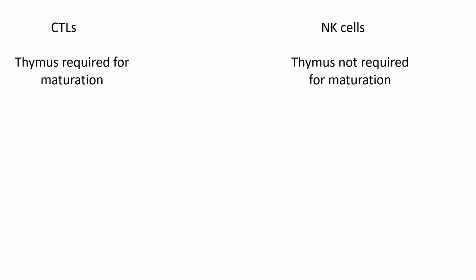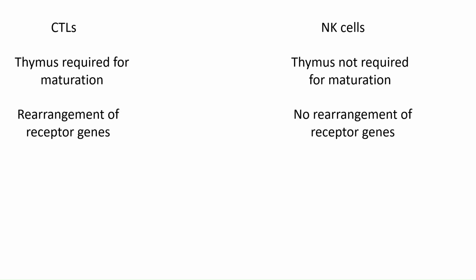Whereas the natural killer cells do not require thymus for maturation. T lymphocytes undergo a rearrangement of receptor genes so they can identify a variety of target molecules, whereas the receptors on the natural killer cells do not undergo any rearrangement of the genes.